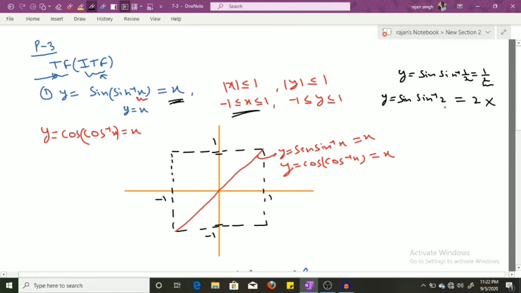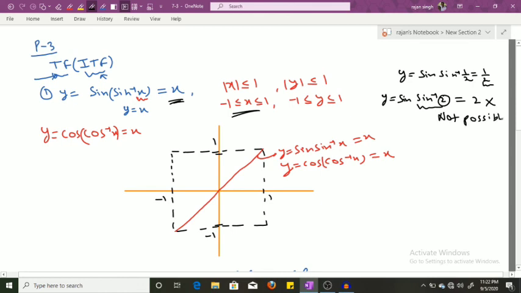Why? See, sine inverse 2 is never defined. Because what we know is the answer should only belong to -1 to 1, and also the domain of sine inverse belongs to only -1 to 1. This number, whatever is written with sine inverse, always belongs to -1 to 1. So sine inverse 2 is not possible.